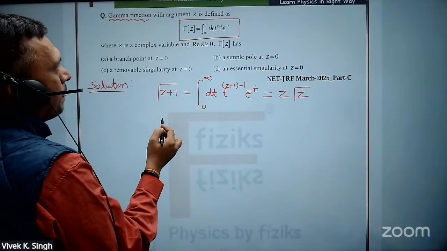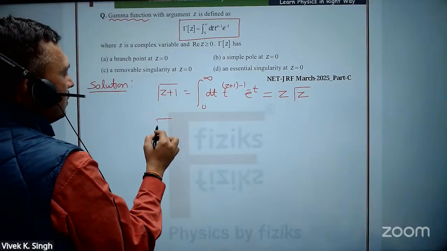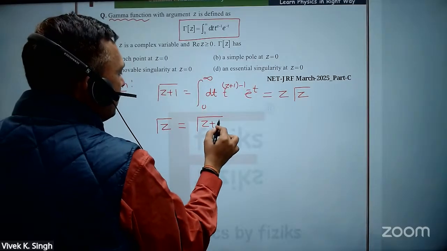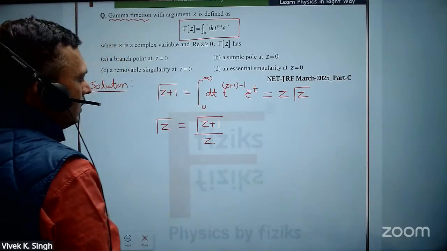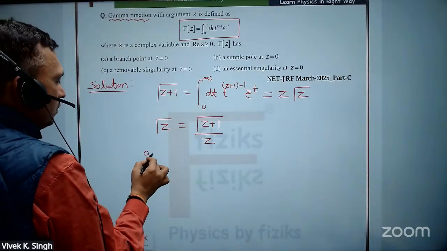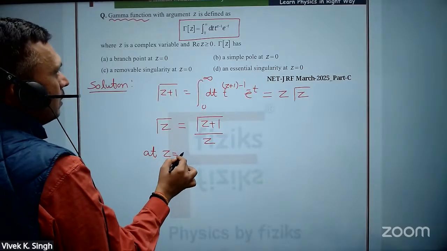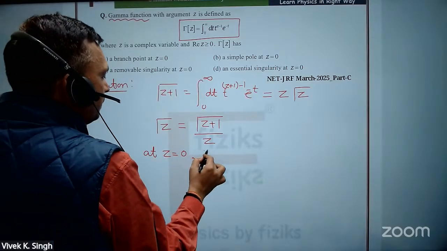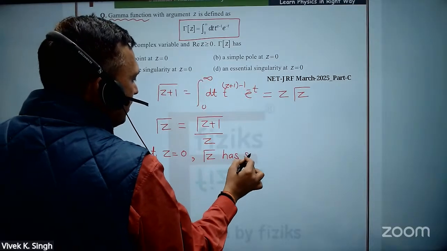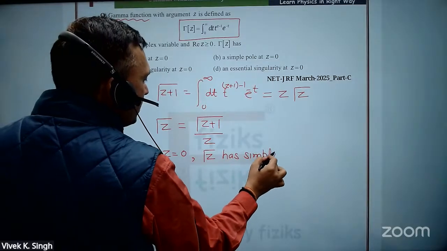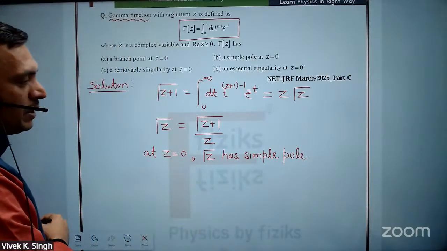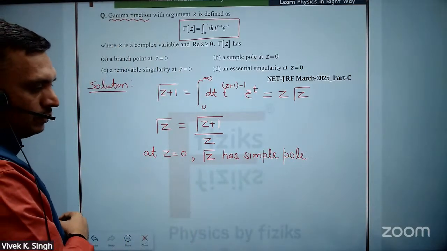And then gamma z will be gamma z plus 1 by z. So you will see that at z equal to 0, this gamma z has a simple pole. Gamma z has a simple pole at z equal to 0.